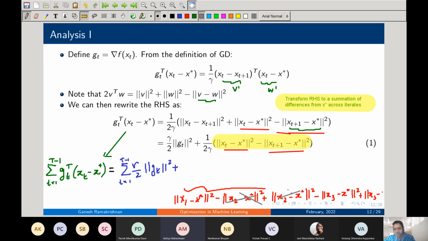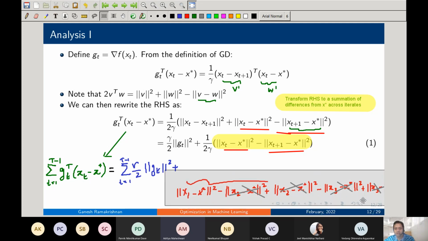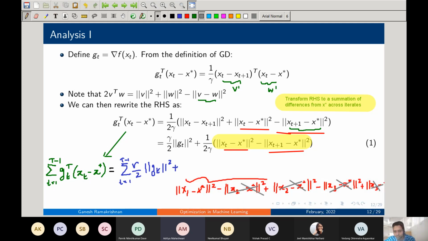These two will get cancelled out, and what will remain is the first and the last term. What would be the last term? The one which should not get cancelled out will be a minus of the norm of x capital T minus x star square. Only the first and the last term will remain. Of course, there'll be a 1 by 2 gamma.